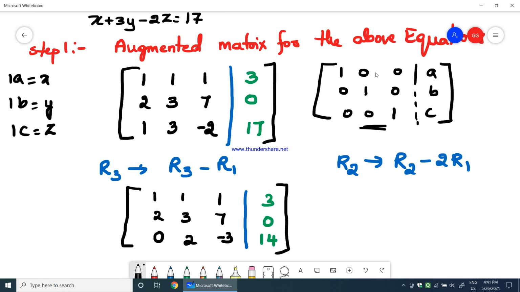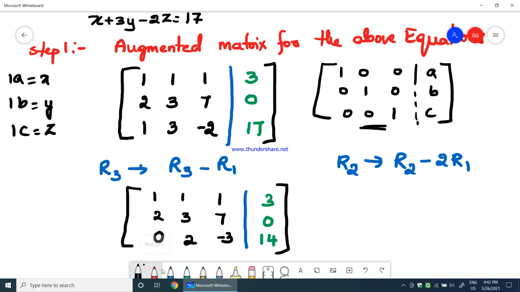Because 0 into anything is 0, so only x will be there here, only y here, and only z here because the others are 0. If you reduce the matrix like this, we call it the row reduced echelon form matrix. Then we can easily find out what x, y, z are in the given equations.